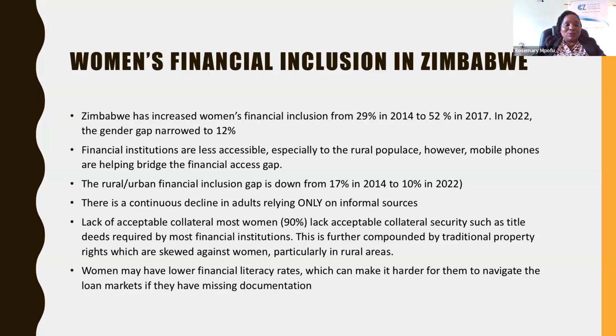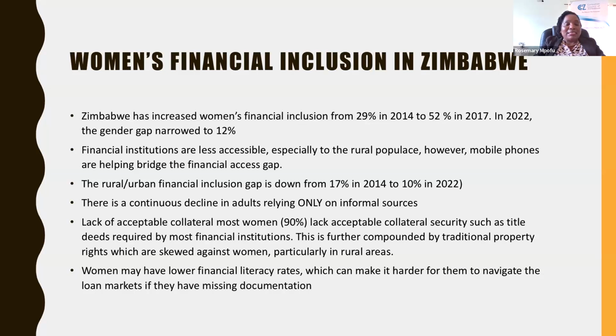And when it comes to the financial institutions, they would require the title deeds as collateral, and it becomes a disadvantage to the woman. This is further compounded by traditional property rights, which are skewed against women, particularly in rural areas, where the land is said to be the man's land because the wife has moved in to stay with the husband in his homestead.